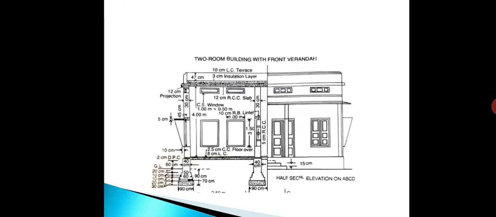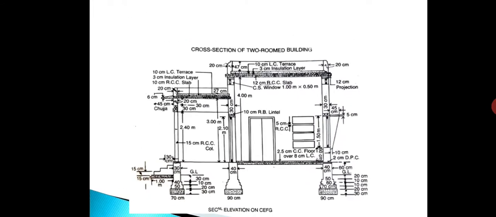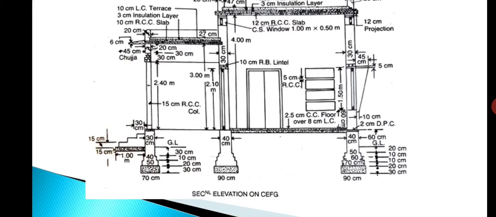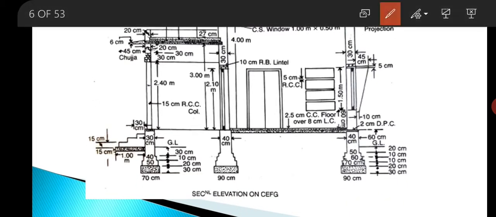So now we will see the sectional detail of 30 centimeter wall, because the rooms consist of 30 centimeter wall. For calculation of foundation and plinth brickwork, we have to refer to the sectional detail of the 30 centimeter wall.